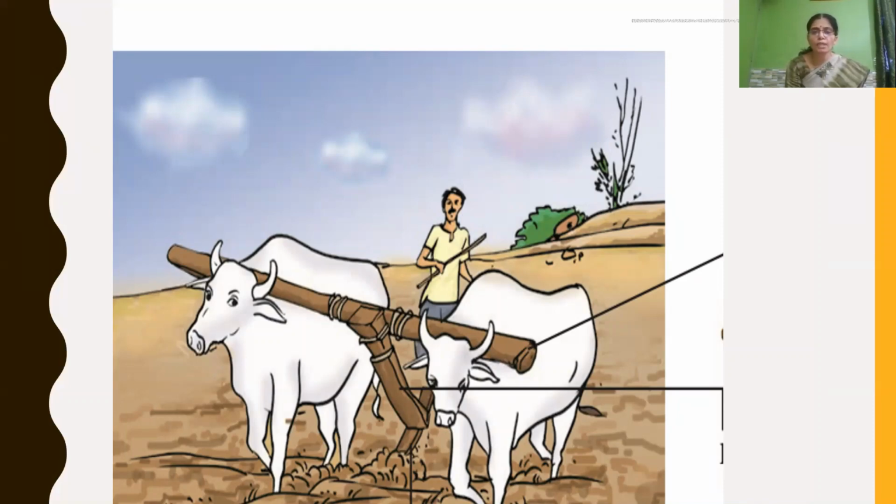One end of the plow share is attached to a log of wood, which is kept on the animal's neck, and at the other end we have a handle so that it is easily pulled. So this is the traditional method of plowing the field.